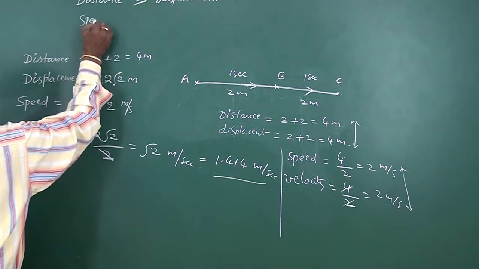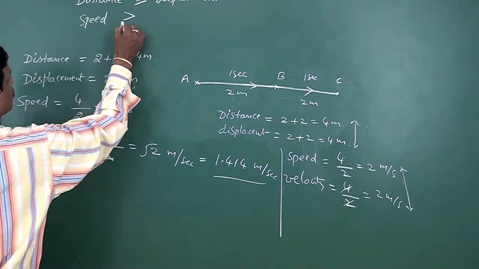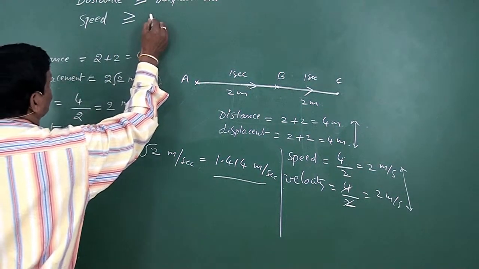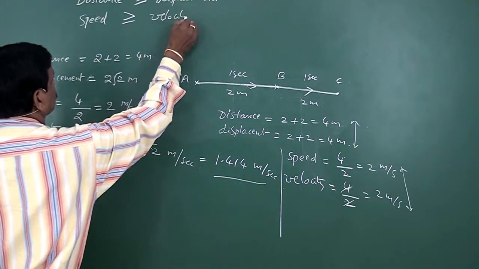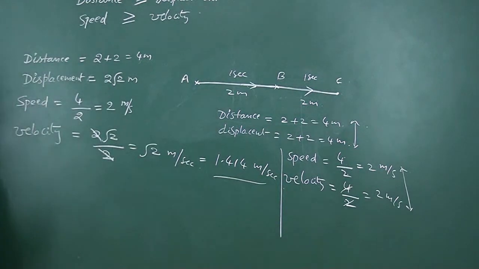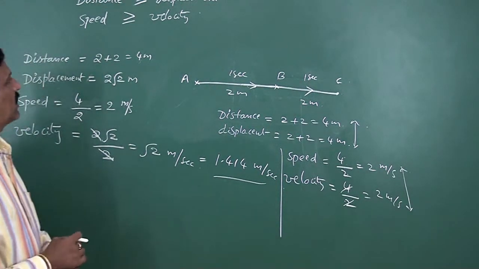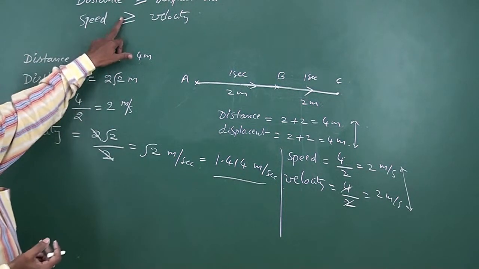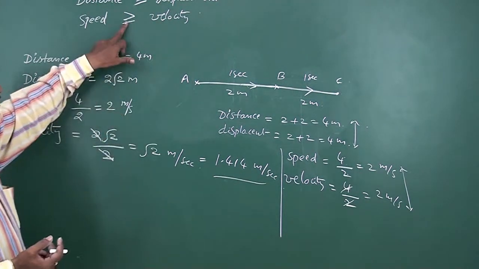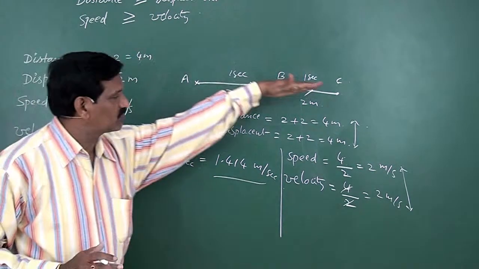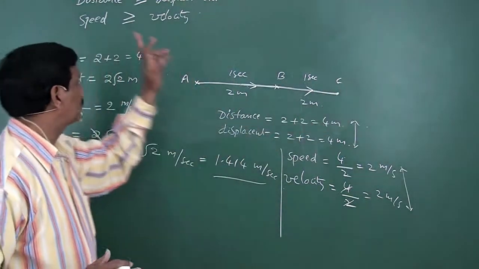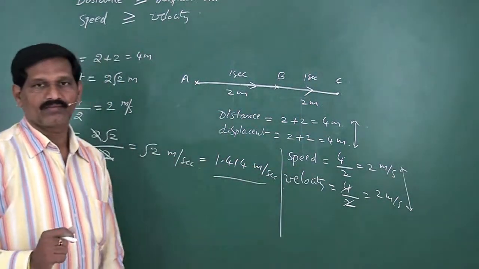Similarly, speed is always greater or equal to the magnitude of velocity. So speed is always greater or equal to velocity. Equal when the body moves in the same straight line in the same direction, then speed and velocity are equal.